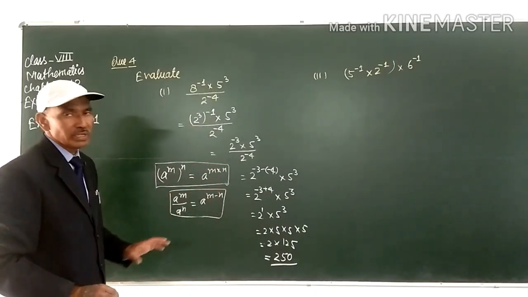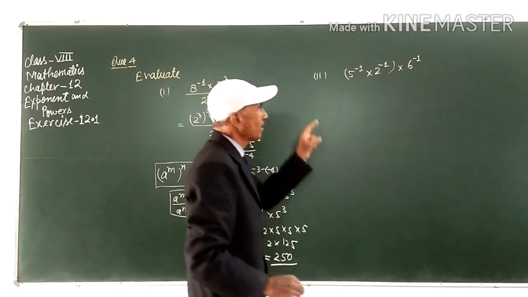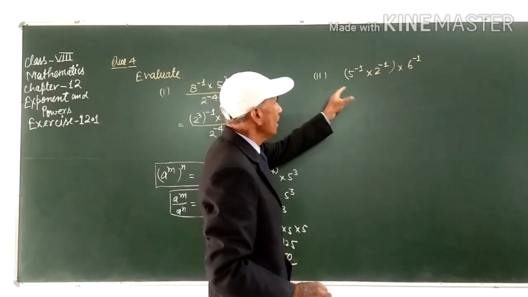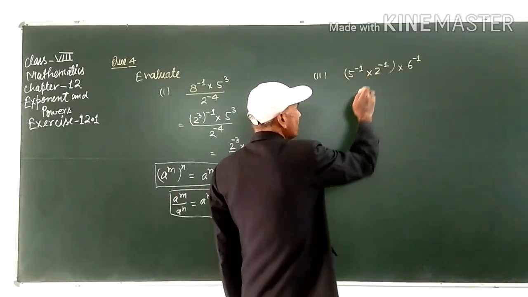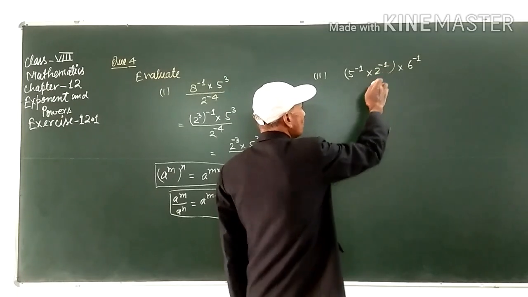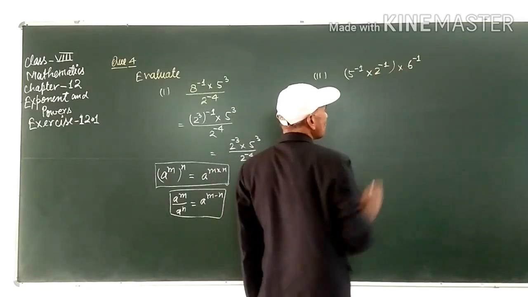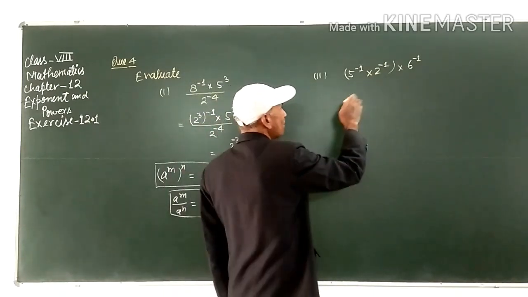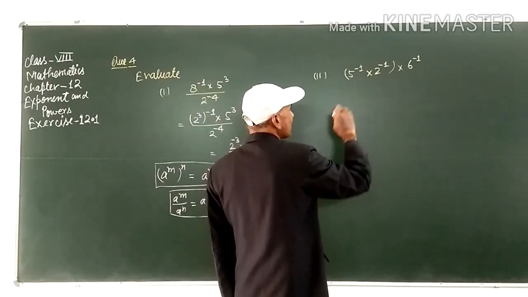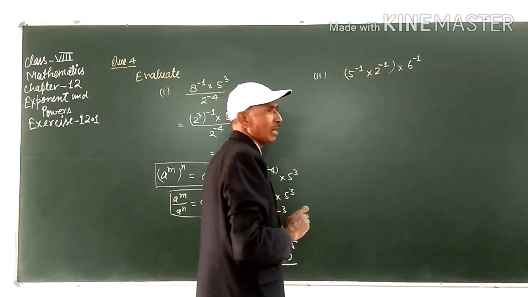Now we have to solve the second part of this question, and here this one is 5 to the power minus 1 into 2 to the power minus 1, and that is 6 to the power minus 1. So, students, first of all we have to write this like this, because the bases are not equal but the exponents are equal.